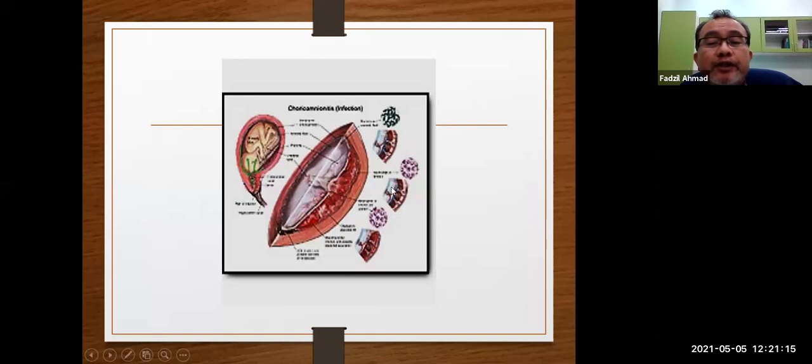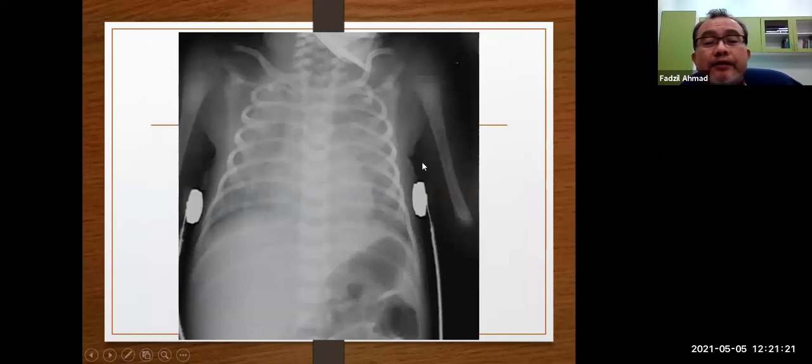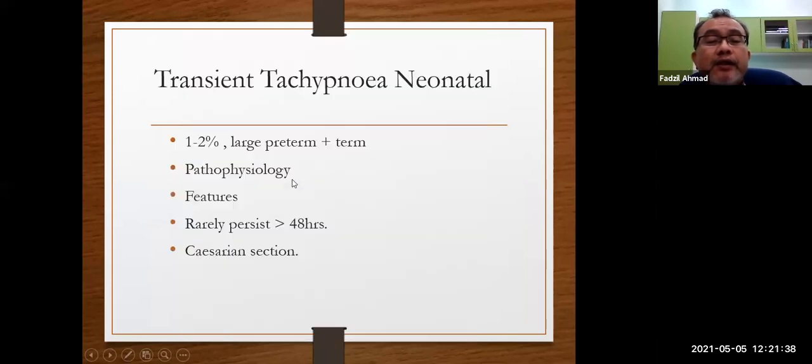It can also be hematogenous, from the blood, when the mother is infected. And this is the X-ray. It's a bit different from the first X-ray. The first X-ray looks quite solid, very solid. In the second X-ray you can see a softer consolidation. So this one is congenital pneumonia.